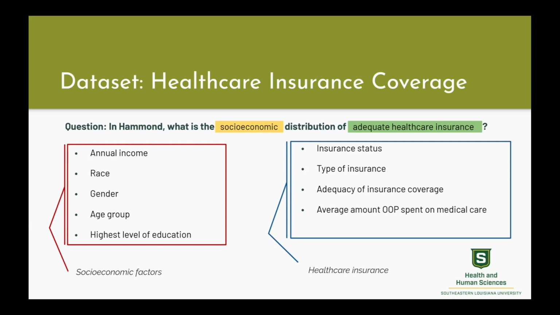So just to explain what OOP, or out of pocket, means. When you use healthcare services in the US, there may be a portion of the healthcare cost that you pay, meaning the portion that is not covered by the insurance.